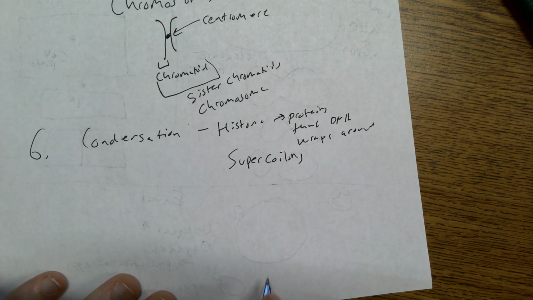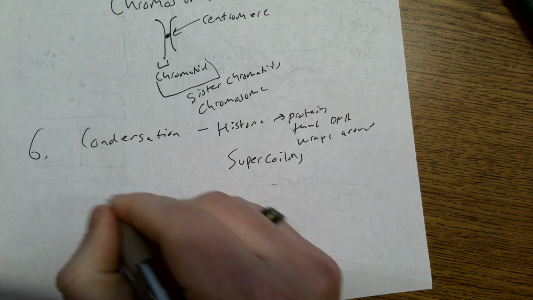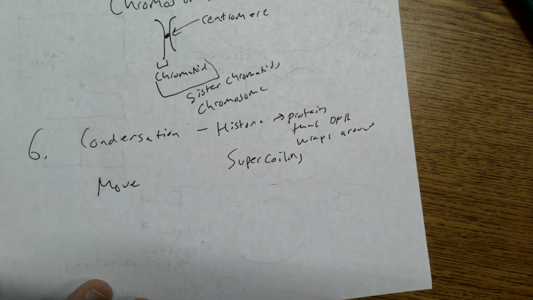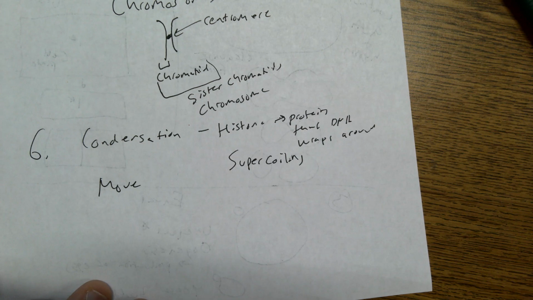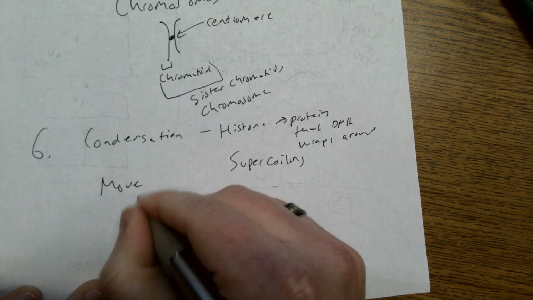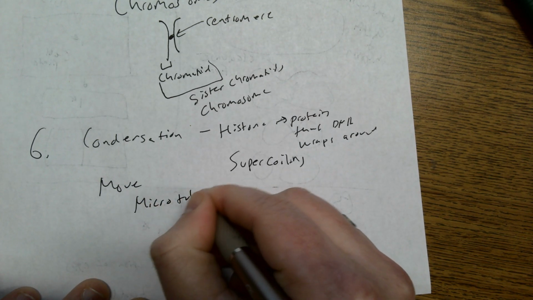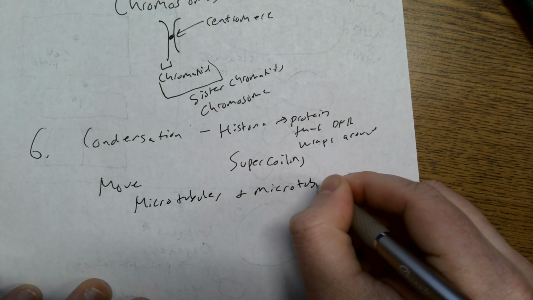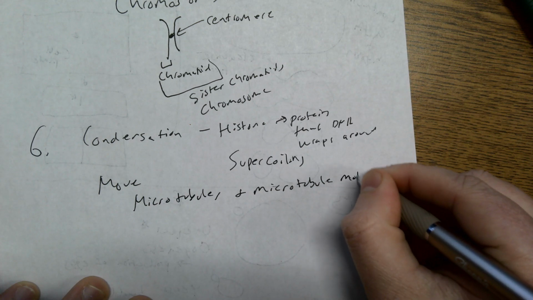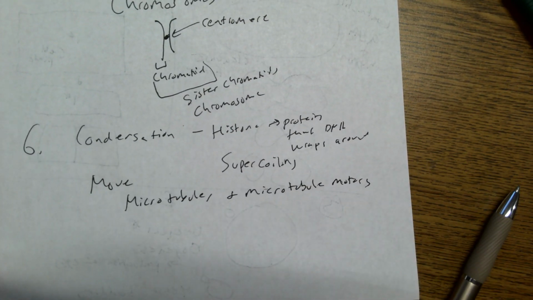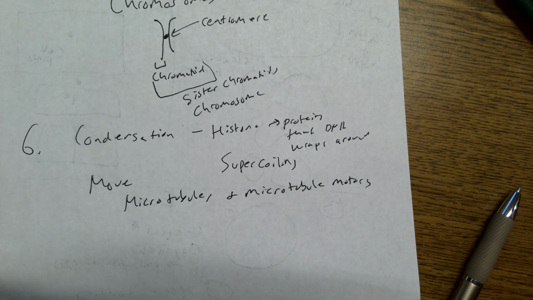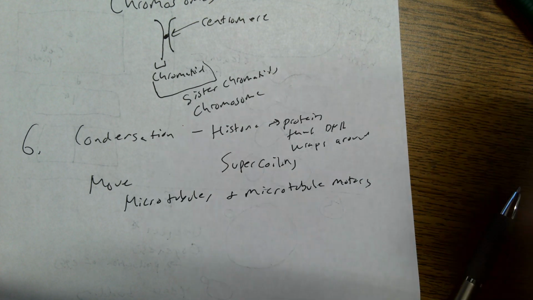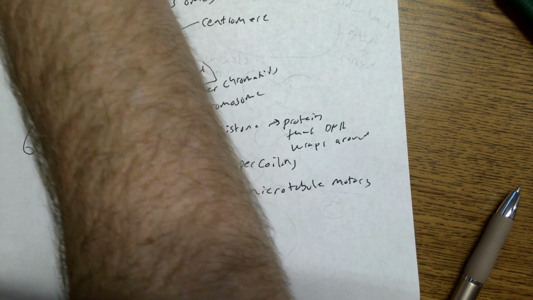Supercoiling. Once you've condensed them, you need to move them. And they're moved the same way in both mitosis and meiosis. They're moved through these things called microtubules and microtubule motors. I don't know why, but I always find that they look kind of like pickup sticks or like K'NEX toys.